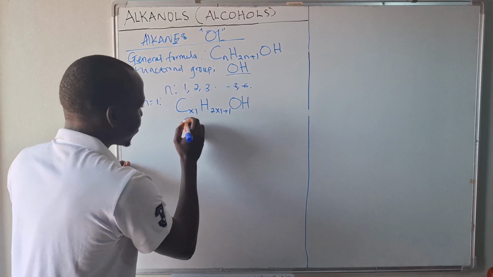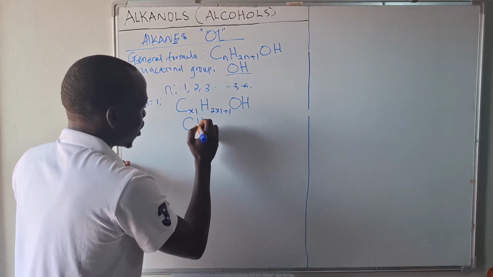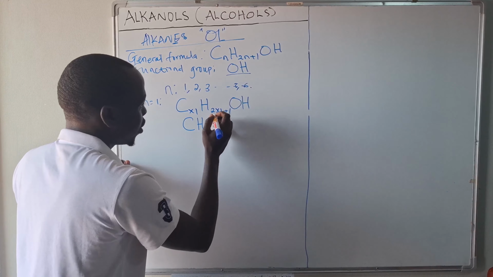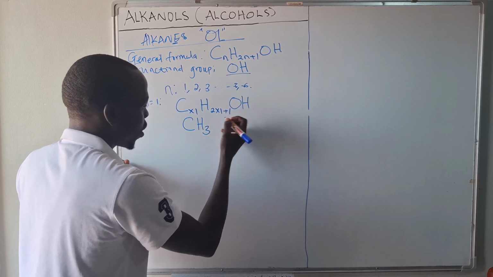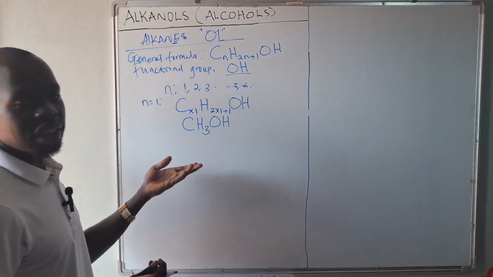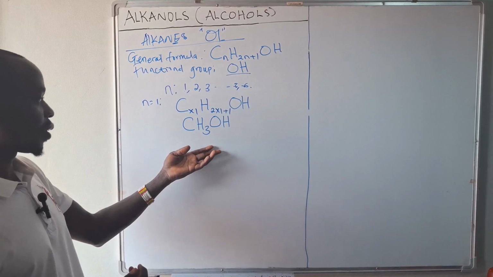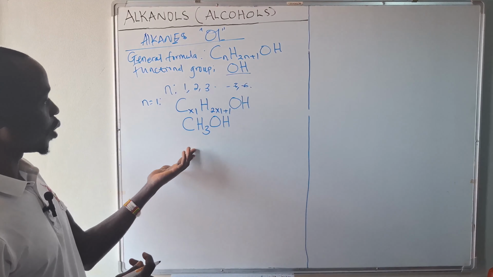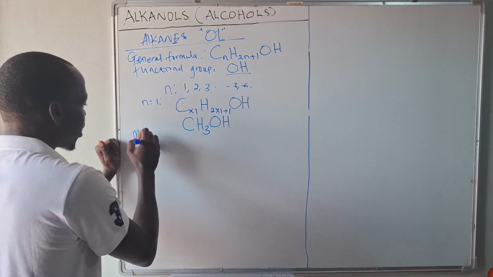So here we shall have C, H, this time 2 times 1 is 2, plus 1, 3. Then you put it like this. So this is the compound you're going to get. So if this is the compound, we shall also be in a position to look at what we call the molecular formula.